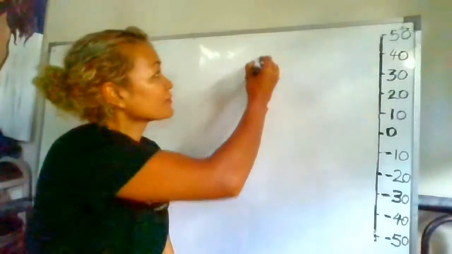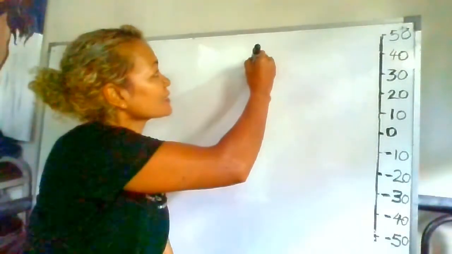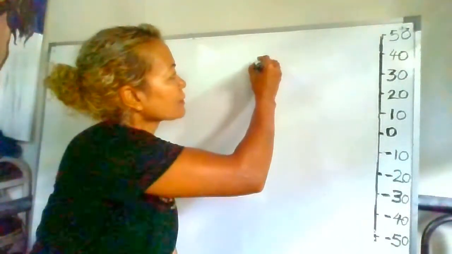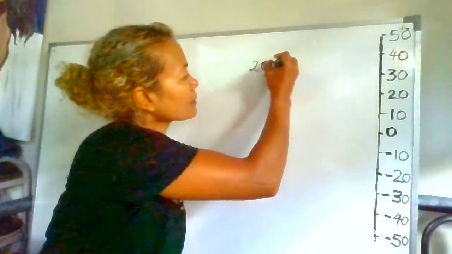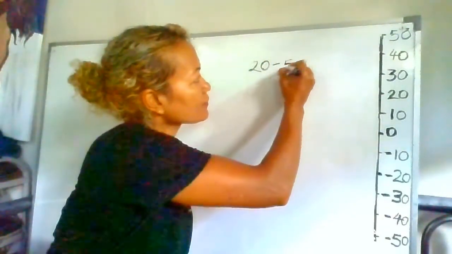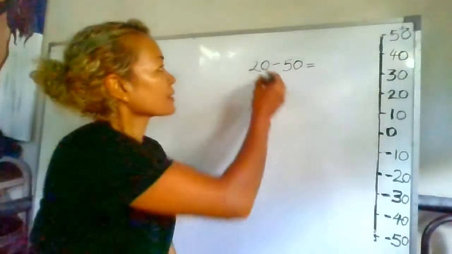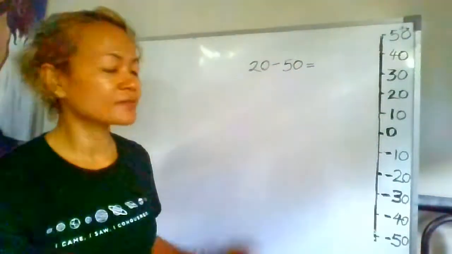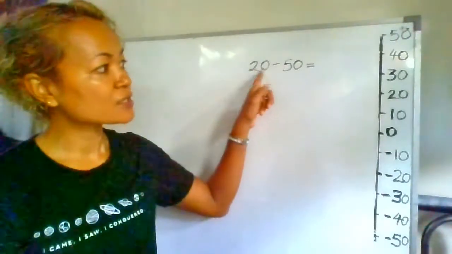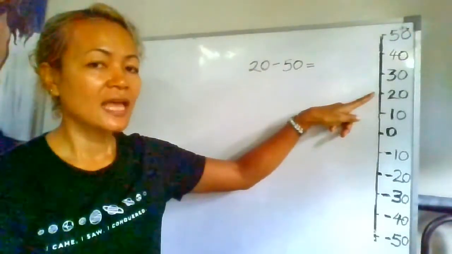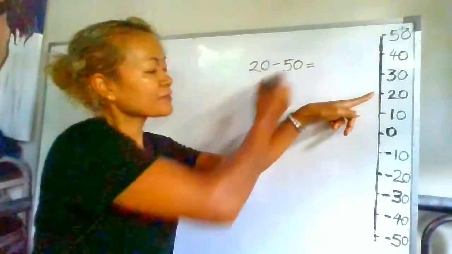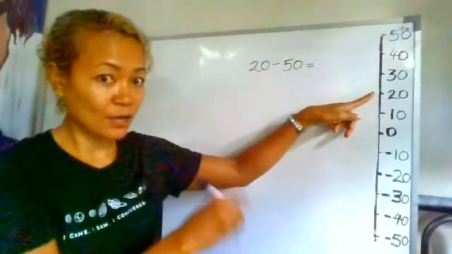Say you have 20 minus 50. 20 minus 50. So what's your start point? 20. So you're up here 20. You're minusing 50. So you're going down 50.